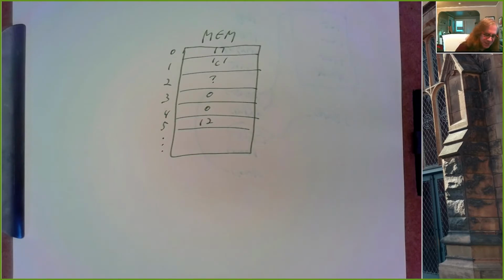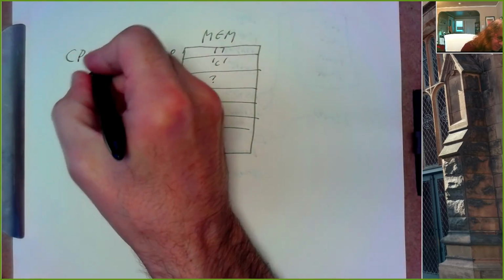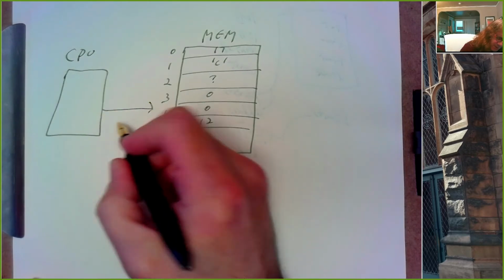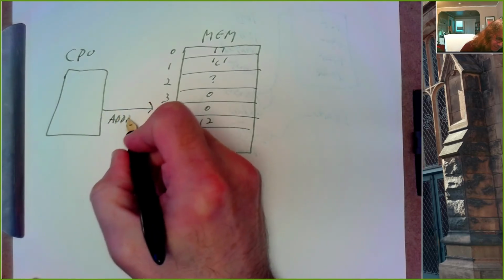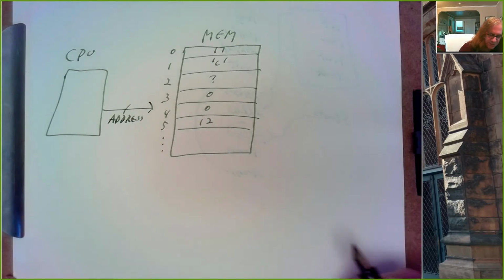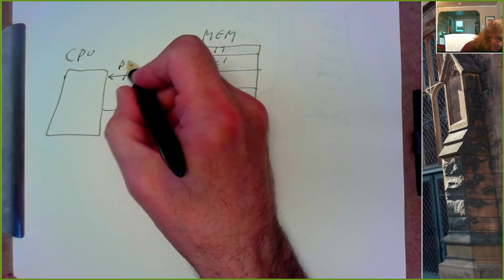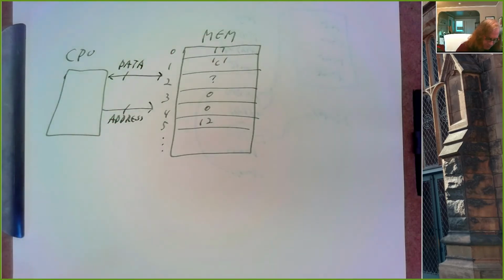Because remember, we have our basic setup. We have a CPU, and the CPU basically sends an address to the memory, and then it exchanges data with the memory.